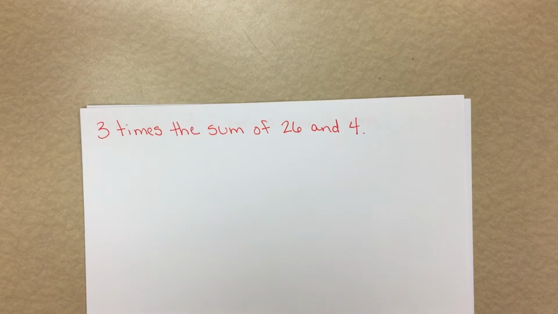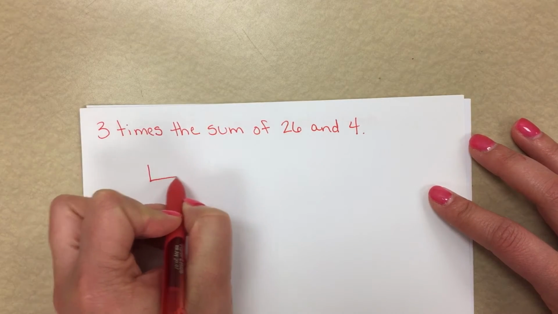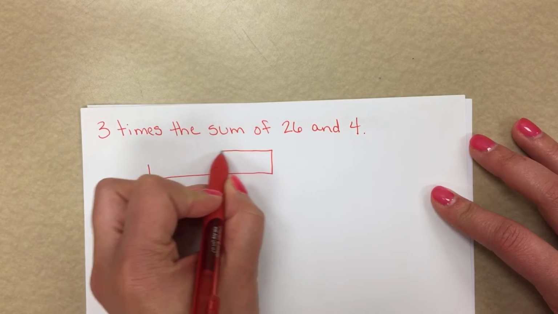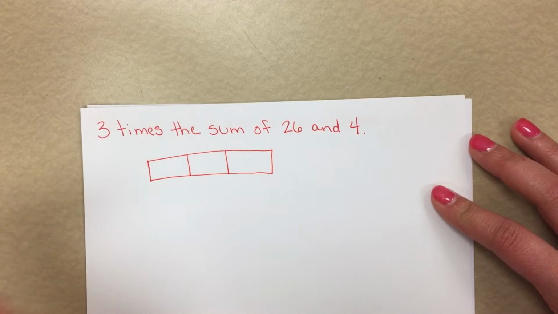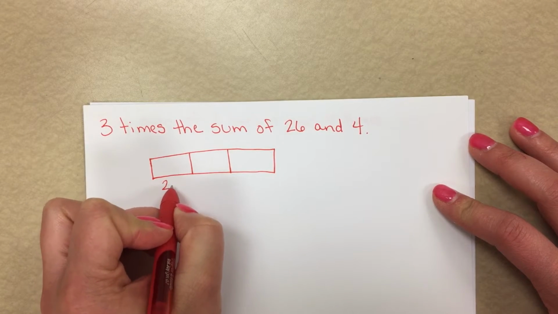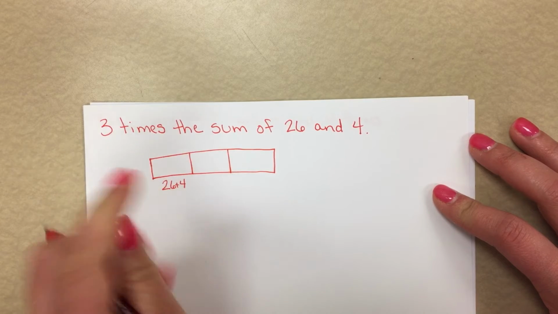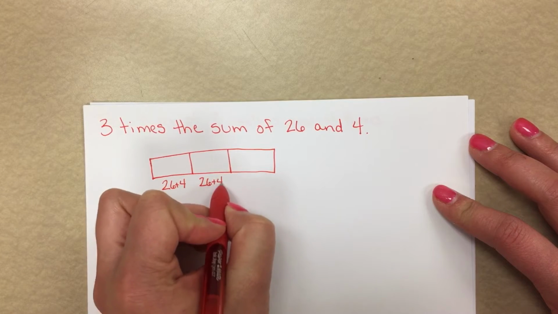So if I had 3 times the sum of 26 and 4, I would want to have the sum of 26 and 4 3 times. So this is where a tape diagram might be helpful for you. So I would have 26 plus 4 right here. I'd have 26 plus 4 here.